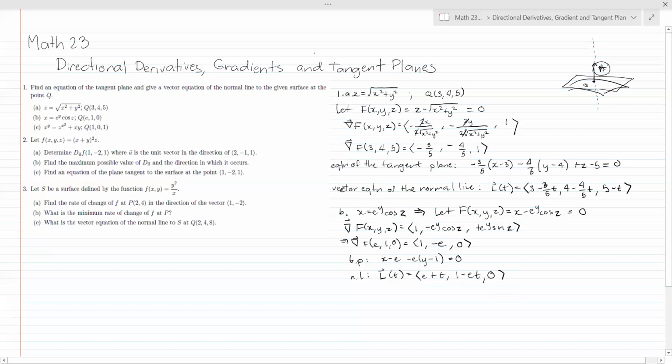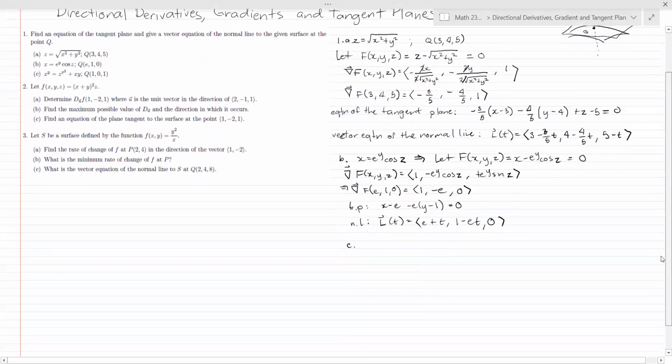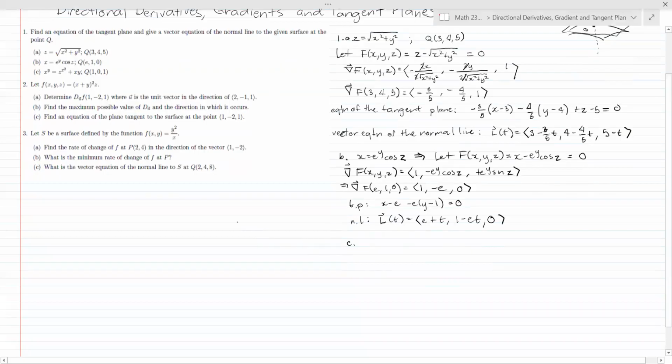Okay? And then last sa third dito sa first set natin. We have x raised to y, x raised to y is equal to z x squared. I-let na agad natin.